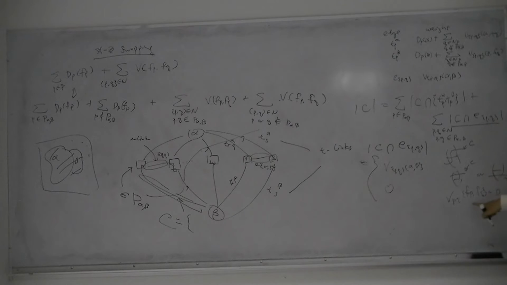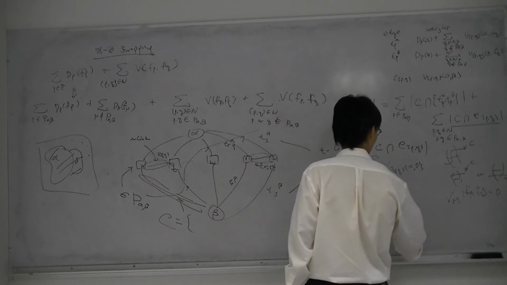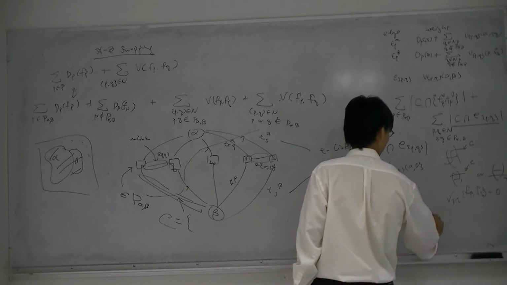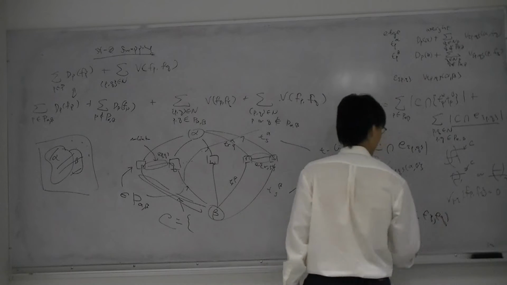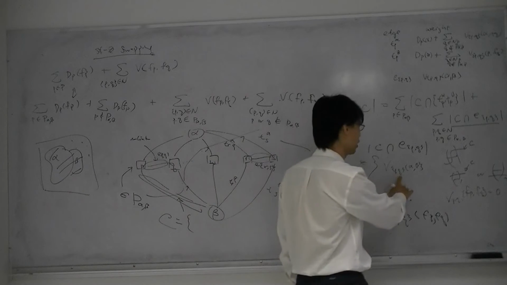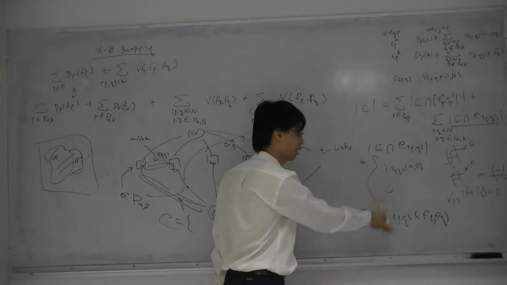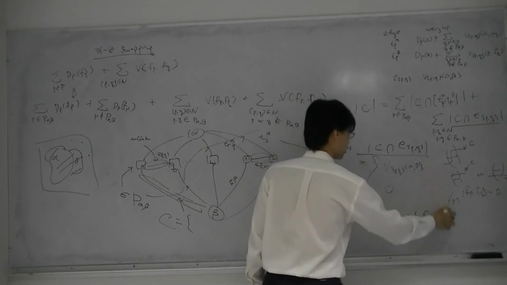For these cases, because f_P is now equal to f_Q. So in general, I can just say this is equal to V_PQ(f_P, f_Q), right? Because if I cut through it, then one of them will be alpha and one of them will be beta. Either way, this is just equal to this.